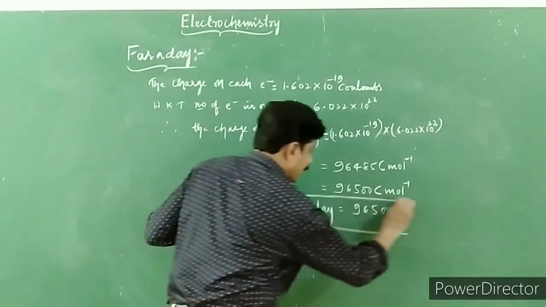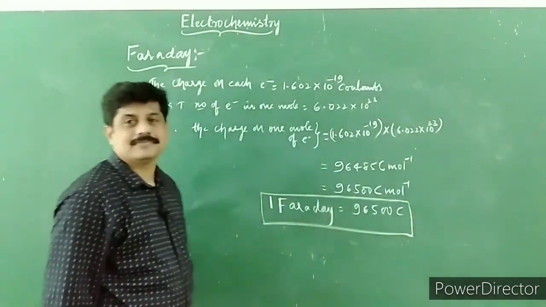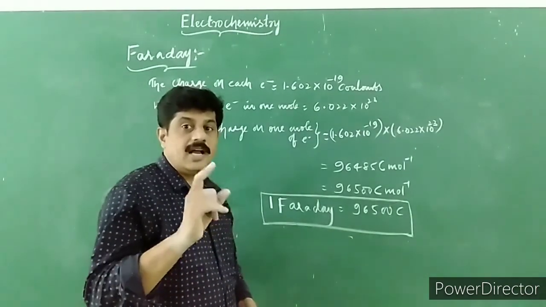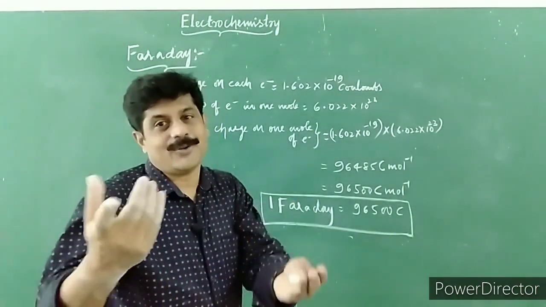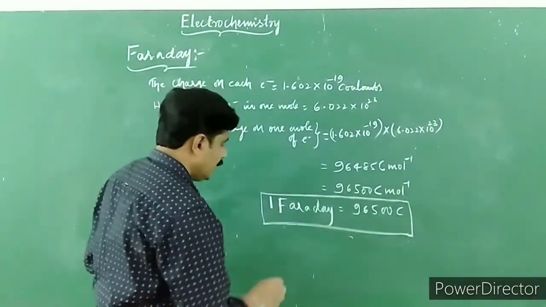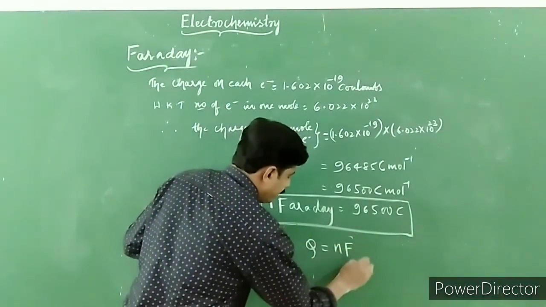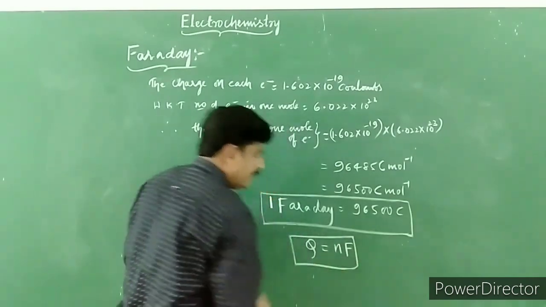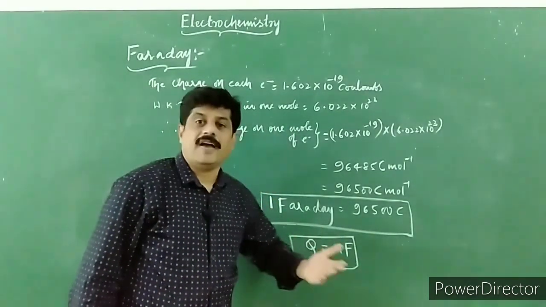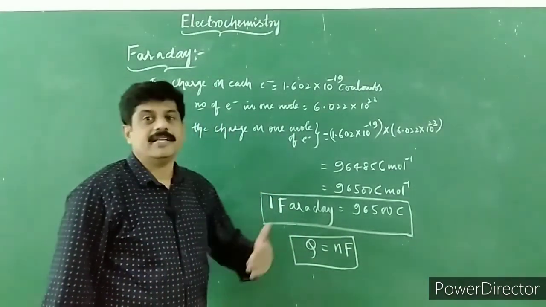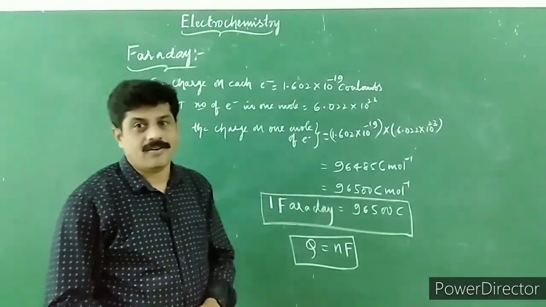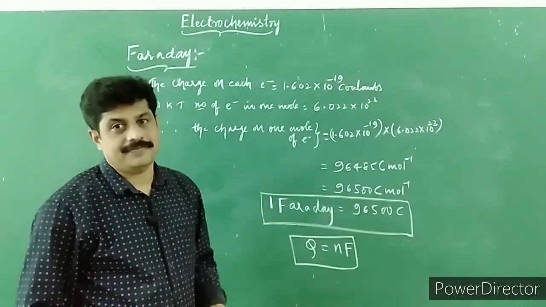This you need to remember. Children, the charge on n moles of electrons can be given by the expression Q is equal to n into F. This is required for finding the number of Faradays required for the reduction of certain kinds of ions, which I am going to take up now itself.